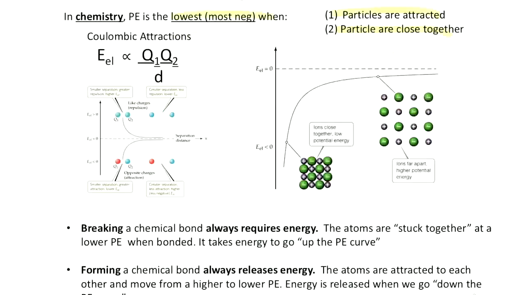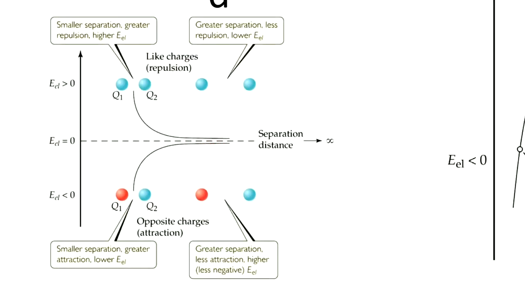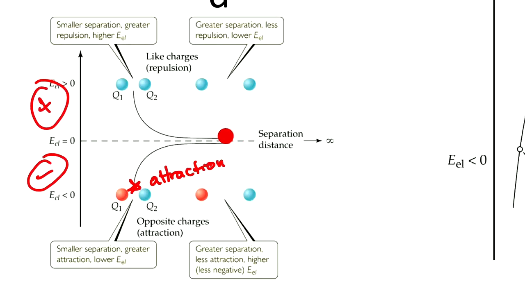So we looked at this diagram that said, okay, when attractions are really strong, like when a positive and a negative particle are close together, we have really, really strong attraction. So this is a negative potential energy. Versus if we have two like charges, like two positive protons or two negative electrons, when you bring them close together, they start to repel one another, and that's a positive potential energy, and that's not super favorable to us, right?